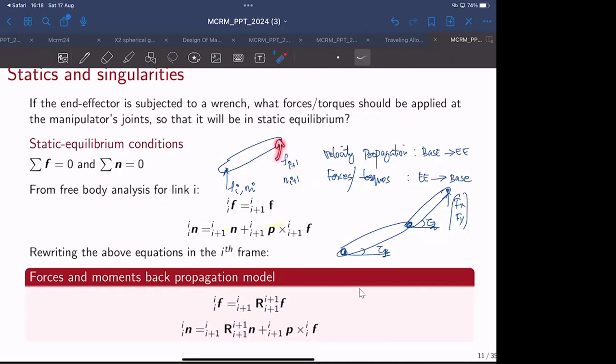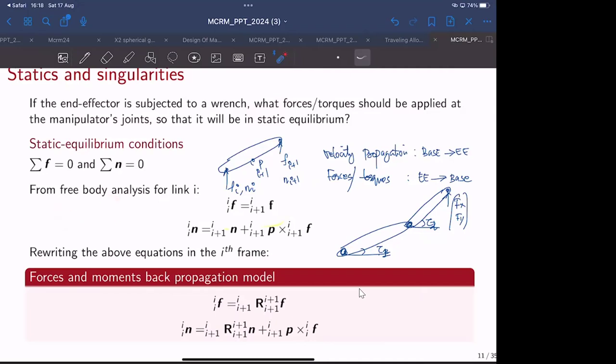That is this force multiplied by this moment arm. So if I write this moment arm as p(i+1) with respect to i, that moment arm would be this distance cross producted with this force, right? Because this moment is R cross F.